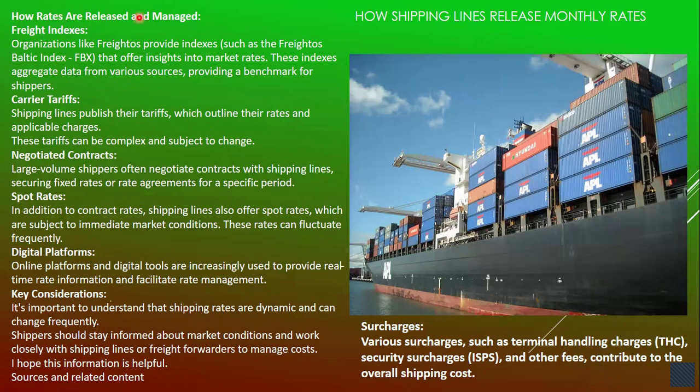Now, how are rates released and managed? Freight indexes. Organizations like Freightos provide indexes such as FBX and others, plus inside market rates. These indexes aggregate data from various sources and provide a benchmark for the shipper.